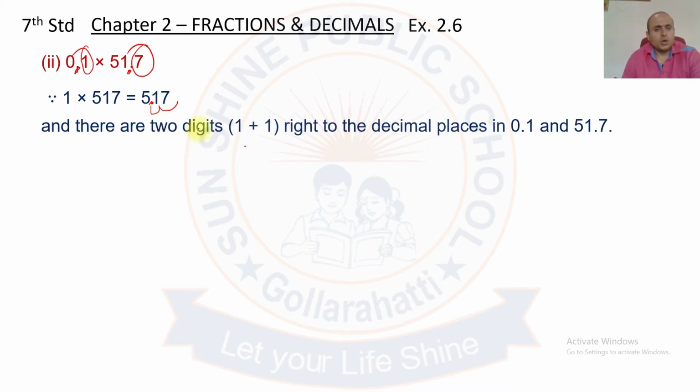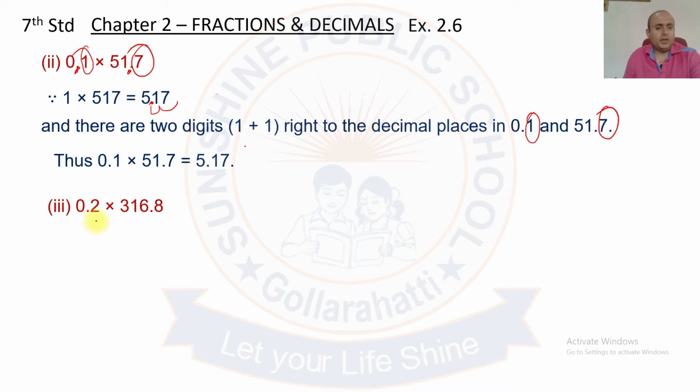There are 2 digits, 1 plus 1, to the right of the decimal points in 0.1 and 51.7. Thus 0.1 into 51.7 becomes 5.17.